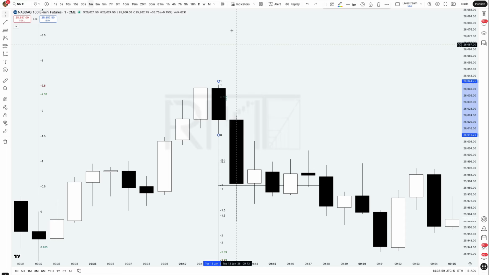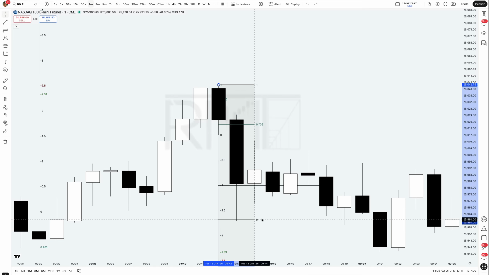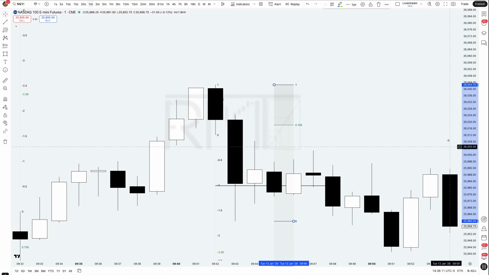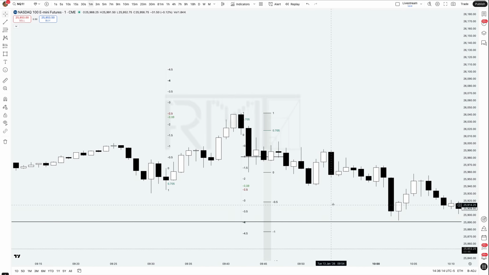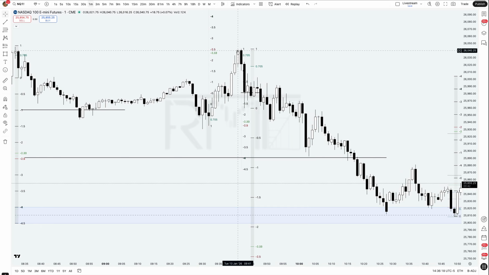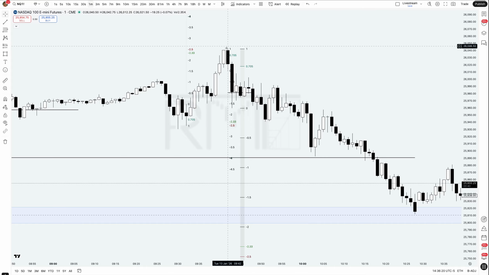That's the safe, and the correct one would be low, next opposite color candle high should be this level, because this low, the next opposite color candle is here, but this candle makes the low, so it should be this deviation. So I like to pay attention to the single measure initially, and that would give the 4 and 4.5 deviations.